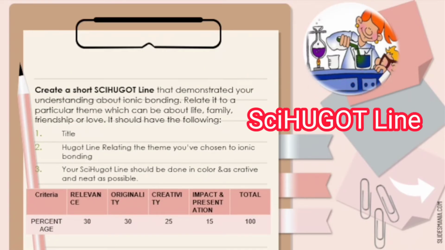Or you can create a short science hugot line that demonstrates your understanding about ionic bonding. Relate it to a particular theme which can be about life, family, friendship, or love. Again, you are guided with the rubrics.